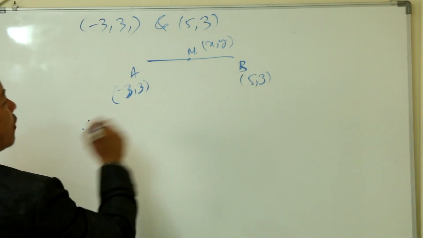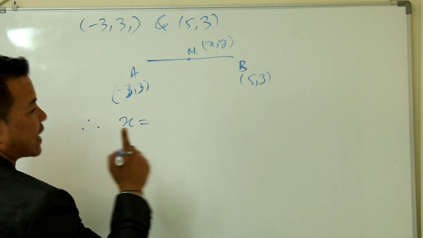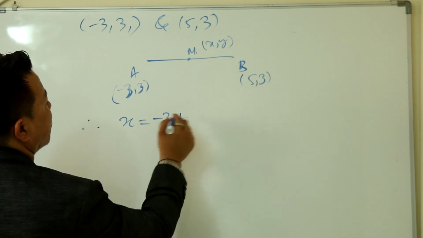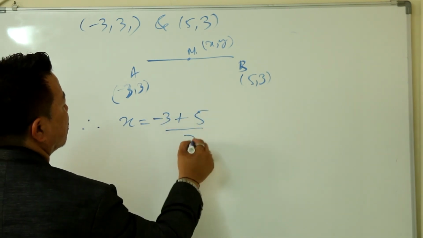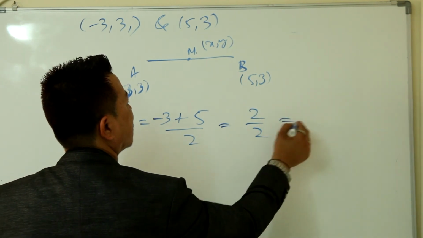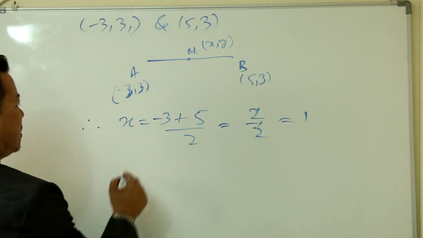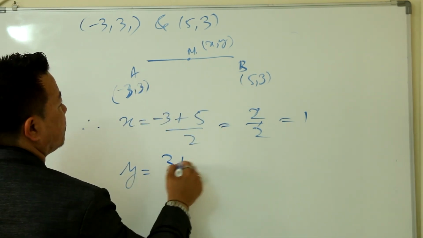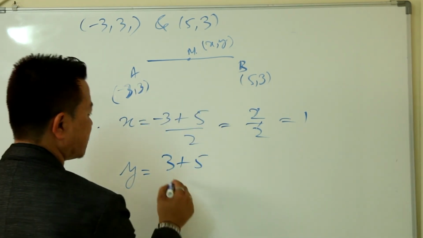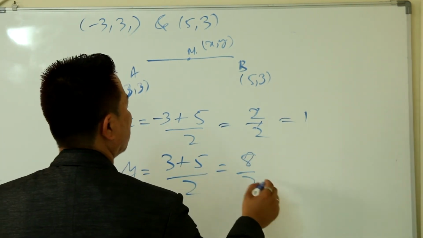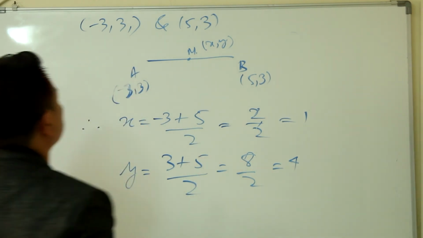So put in the values in the midpoint formula. x is equal to (x1 plus x2) upon 2. x1 is -3 plus x2 is 5, upon 2, equals 2 by 2, equals 1. Similarly, the formula for y is (y1 plus y2) upon 2: 3 plus 5 divided by 2 equals 8 upon 2, which is equal to 4.